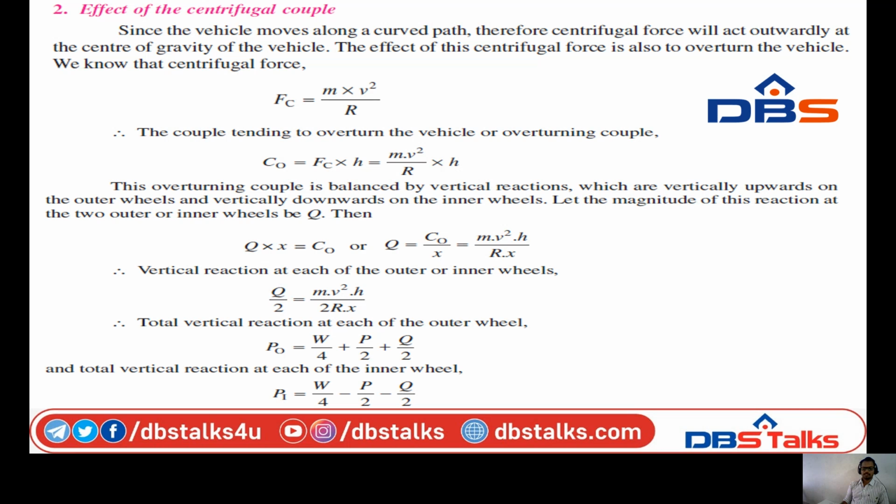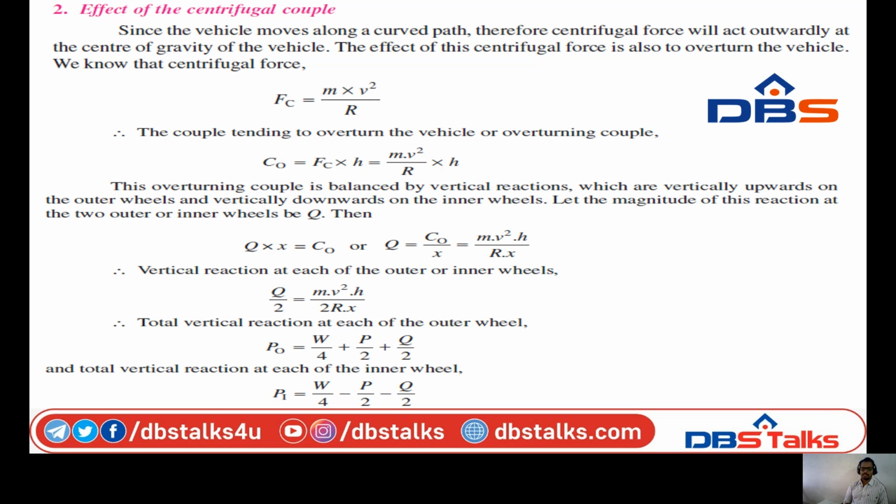A little consideration is that when the vehicle is running at higher speeds, P_i, the reaction force on the inner wheels, may be zero or even negative. This will cause the inner wheels to leave the ground, and thus there is a tendency to overturn the automobile.